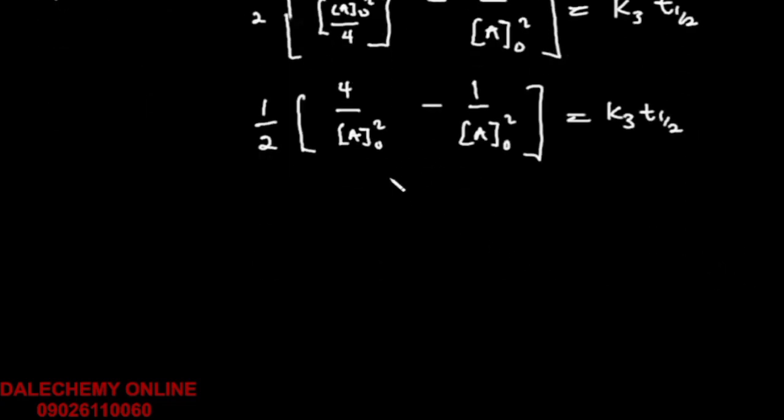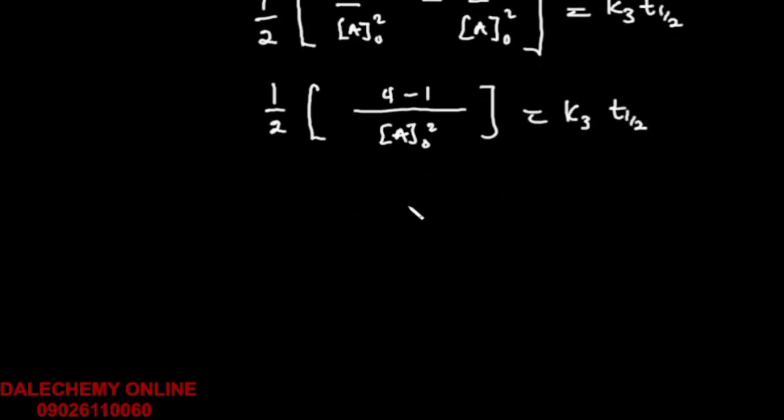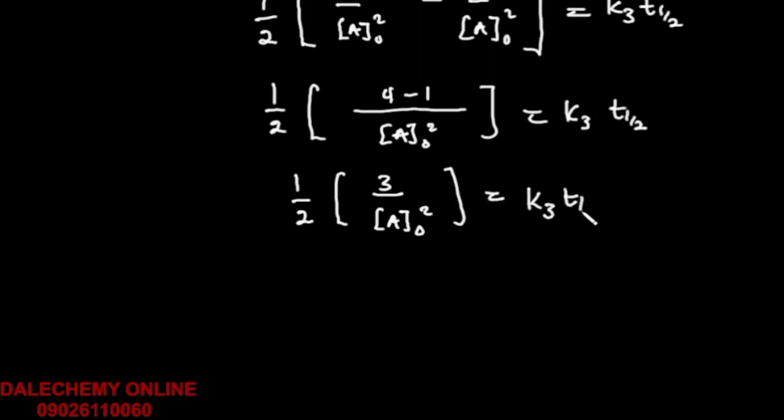Then we have the same LCM, the same denominator, so we take the LCM, that will be a naught square, then we have 4 minus 1 equal k3 t half. Then we have 1 over 2, 3 over a naught square equal k3 t half.